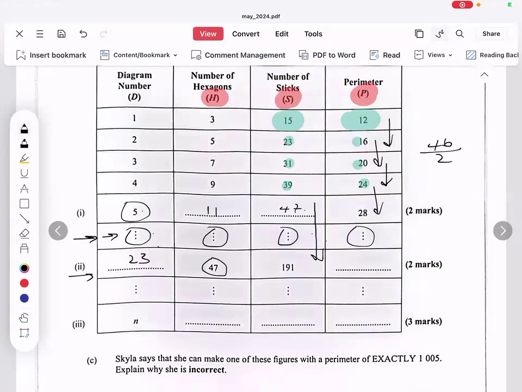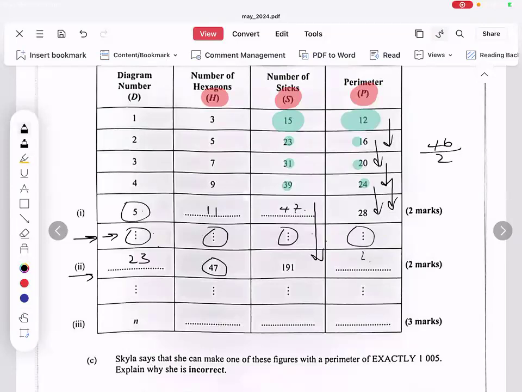All right? So I just need to know what comes here. So what's the relationship between this and this? I'm going up by 4, not true? Talk to me now. I'm going up by 4. Oh, by the way, the number of sticks goes up by 8 and the perimeter goes up by 4.